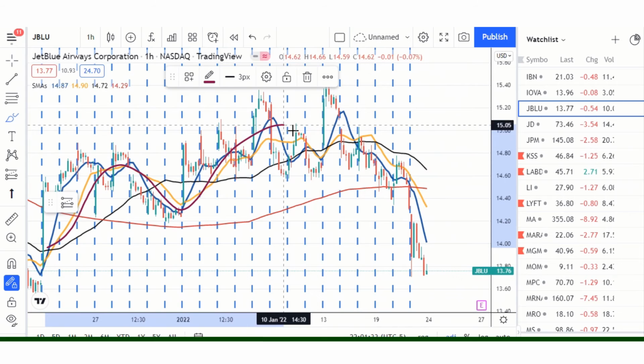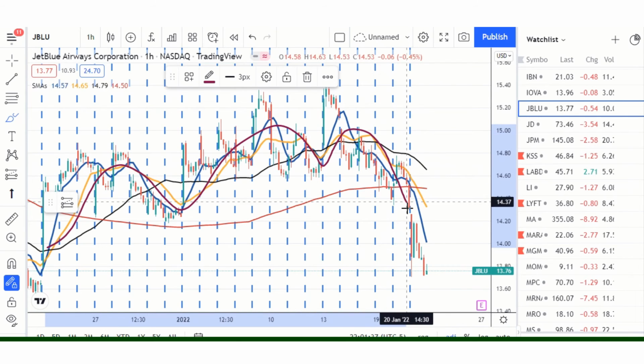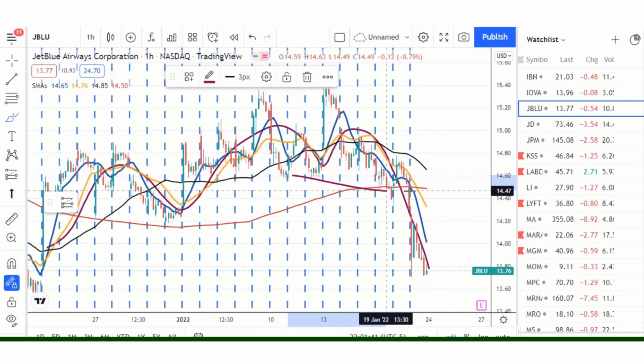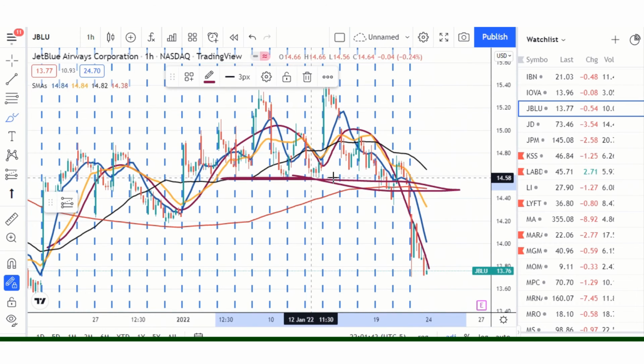Shoulder, head, shoulder, and it continues down over here past the neckline. Now it's not all going to be perfect. It's not all going to look like a perfect head and shoulders, but it's going to look similar. So you should find some similarities.